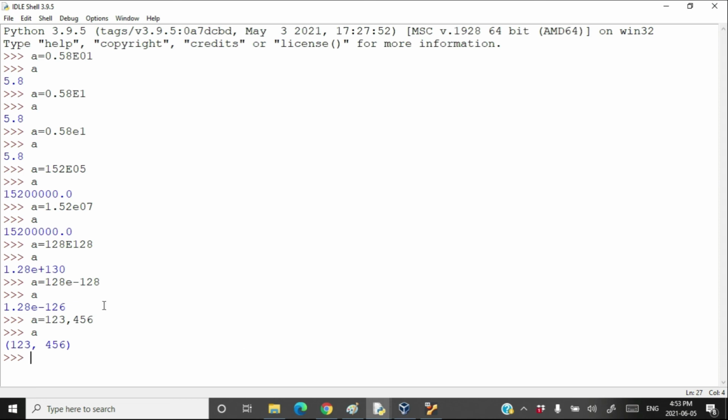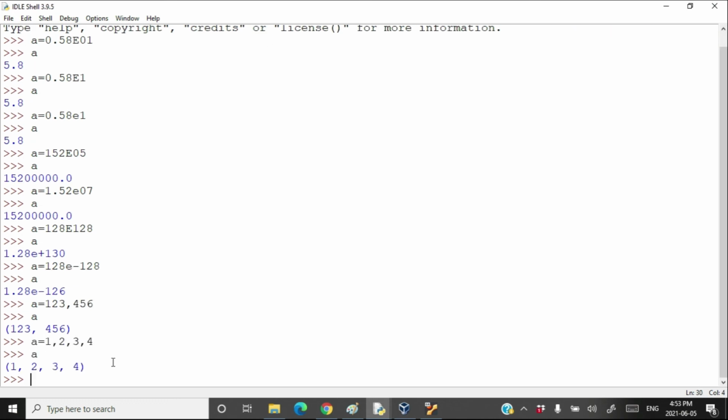What is it going to create? It is going to create something called a tuple. At this time, you may not know what a tuple is. Okay, but this will create a tuple with all the values separated by comma. Okay, let's see it. A is equal to 1, 2, 3, 4. So it will create a tuple with all the values separated by comma.